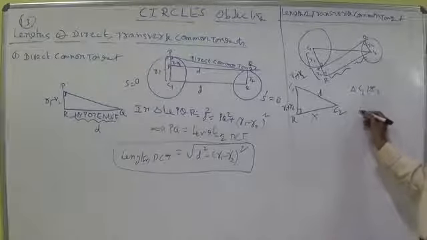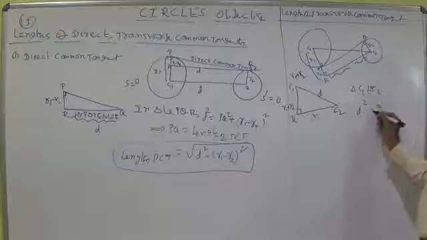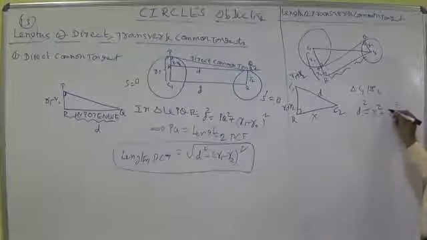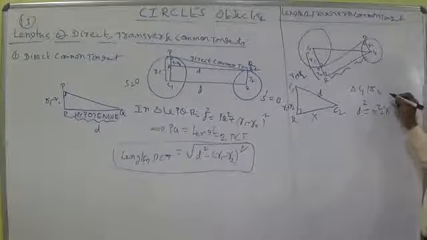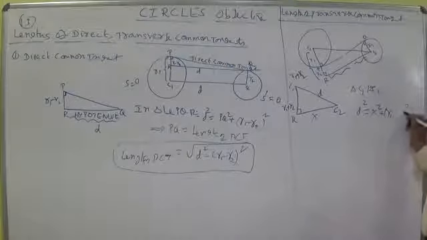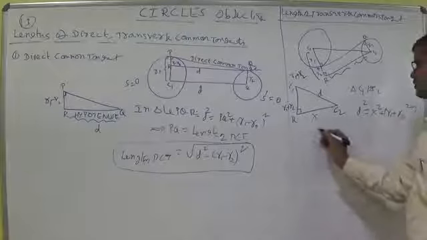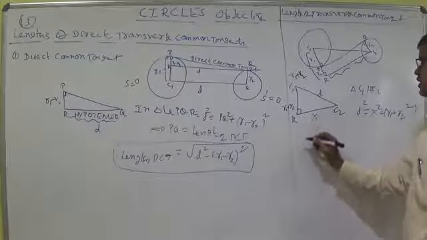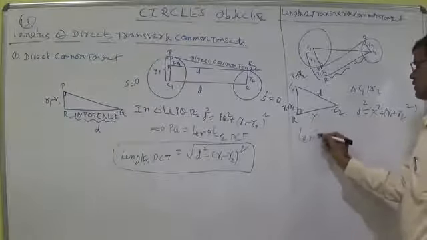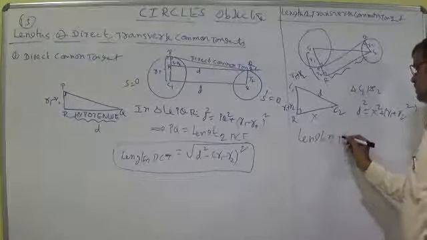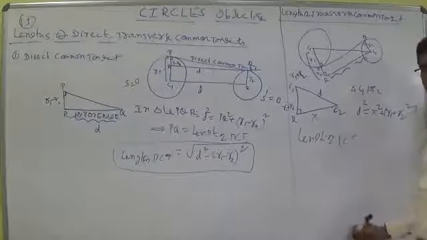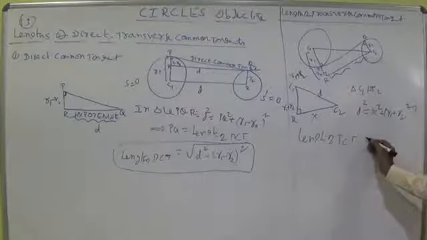we can say here x square plus (r1 plus r2) whole square. So x square you write, what is x? Length of TCT. Length of TCT means length of transverse common tangent.